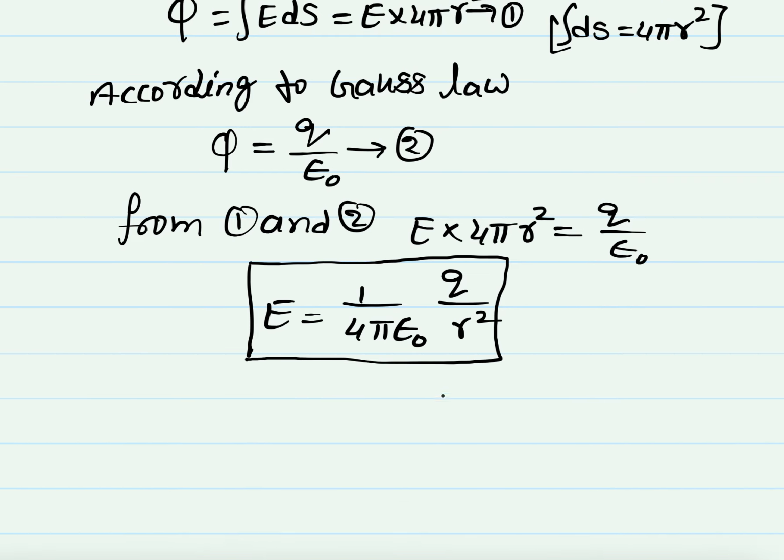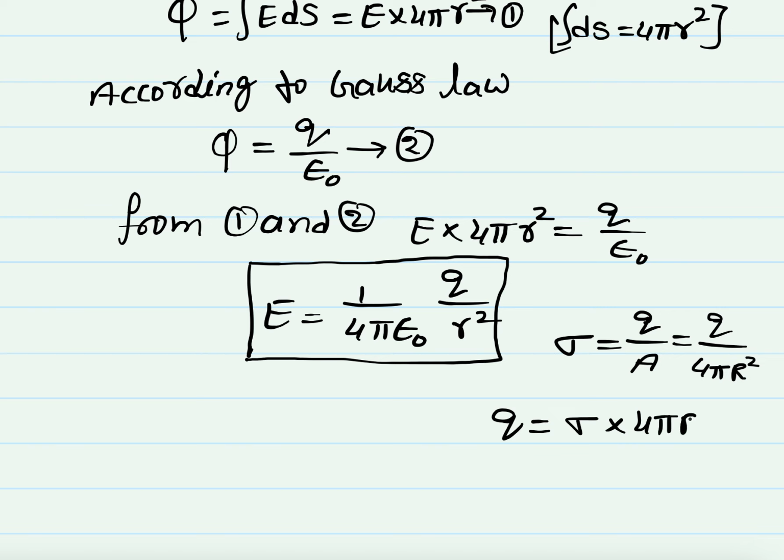Sometimes we can write this in terms of the charge residing over the spherical shell. The surface charge density sigma is equal to Q by A, where A is the area of the charged spherical shell, that means 4 pi capital R square. So from here Q is equal to sigma into 4 pi capital R square.